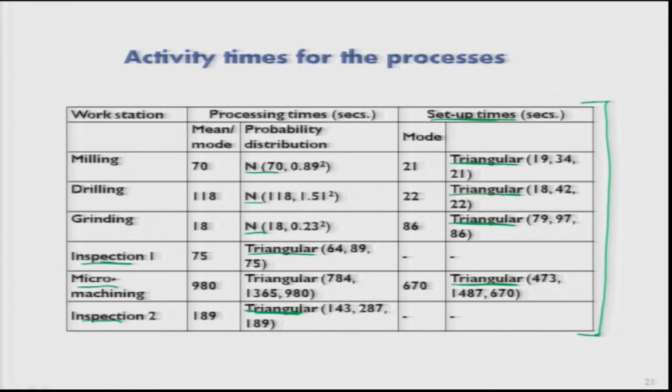But in micro machining, we did micro EDM, micro wire EDM machining. In this case the variability was too high, so here also the triangular distribution was chosen.